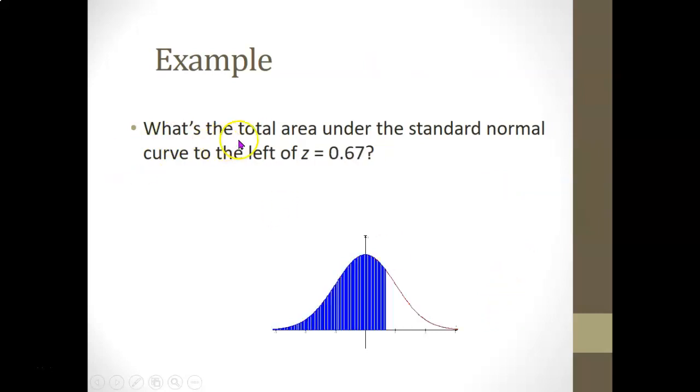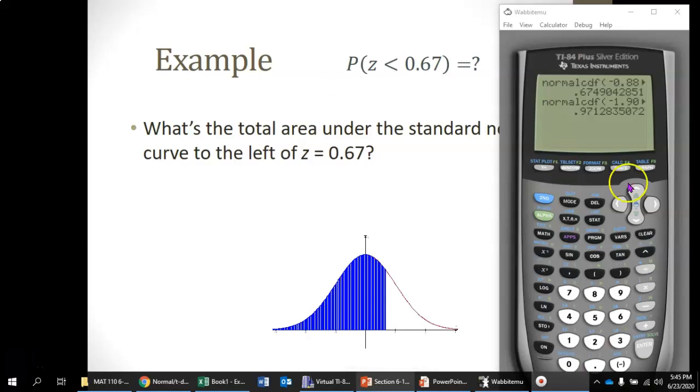Now, for this kind of question, what's the total area under the standard normal curve to the left of z equals 0.67, or the probability of z being less than 0.67. To put this into a graphing calculator, I go to the distributions menu, select normal CDF. This time my lower limit is negative infinity. This is like everything from negative infinity up to 0.67.